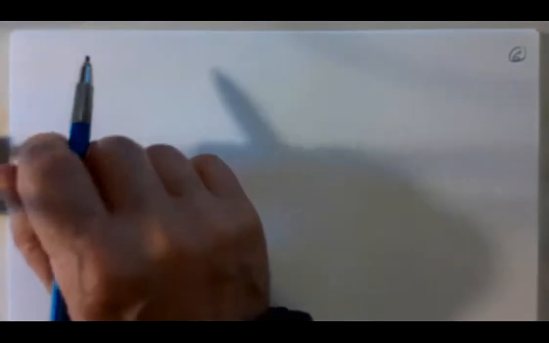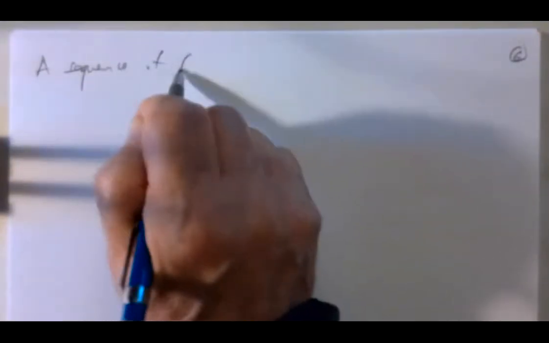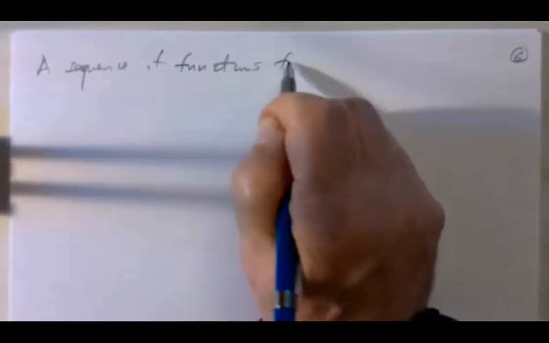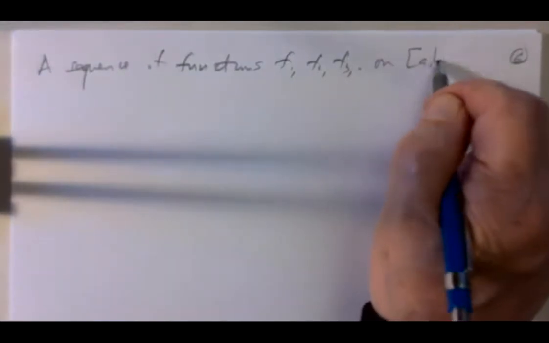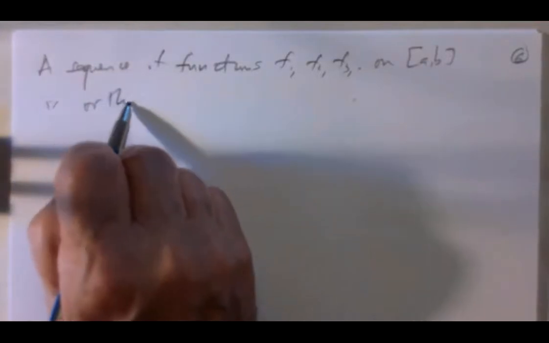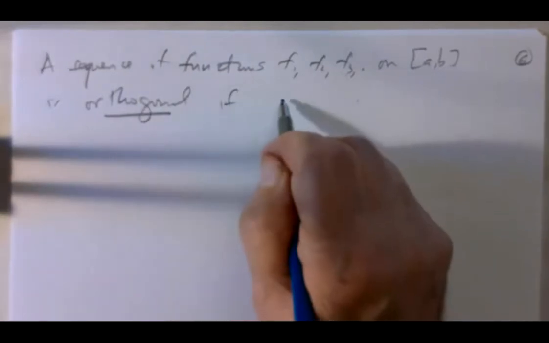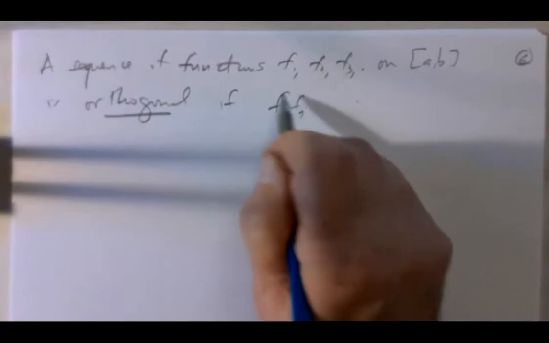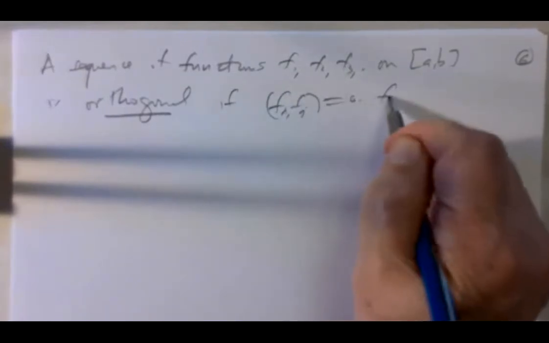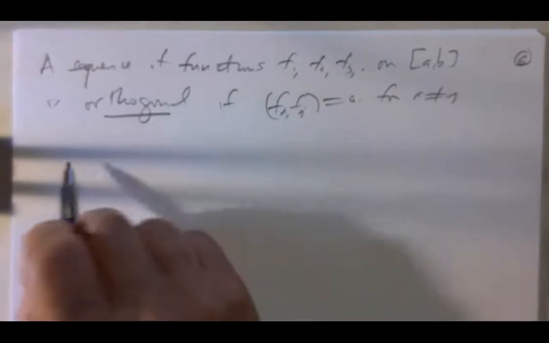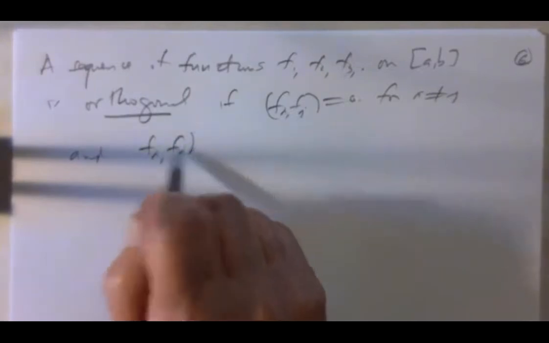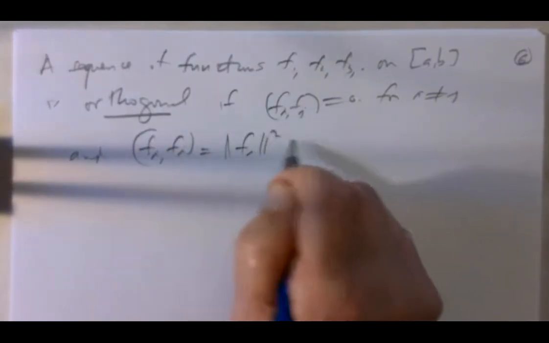So if we keep in mind the sines and the cosines as the model, which we're generalizing, we say that a sequence of functions, f1, f2, f3, and so forth, on an interval from a to b is orthogonal if, when you take the inner product of fi and fj, that's equal to 0 for i different from j, and the inner product of fi with itself, which is just the norm of fi squared, is not 0.